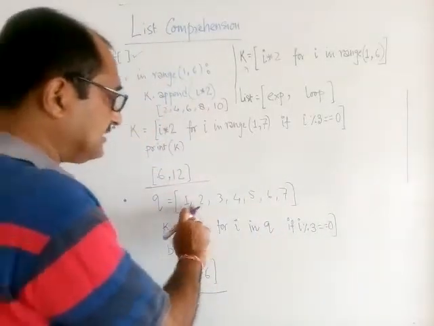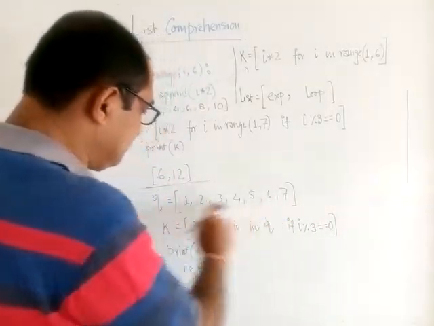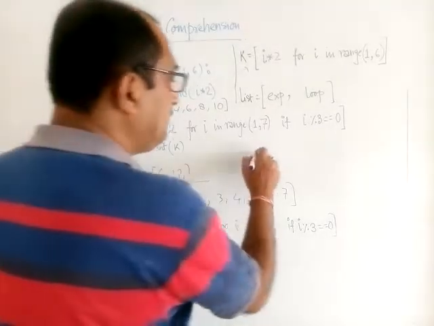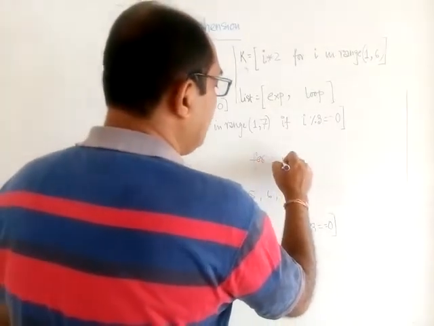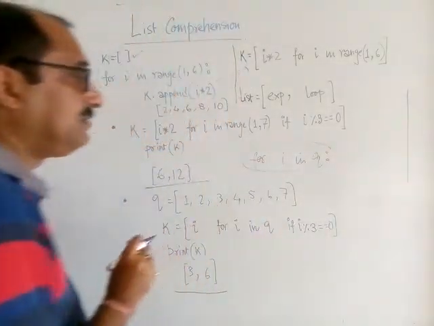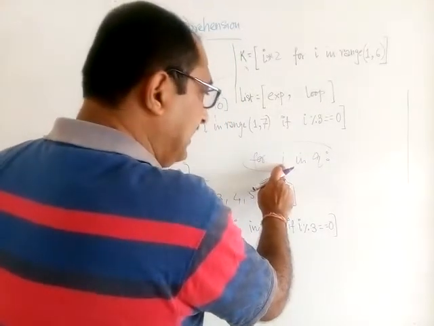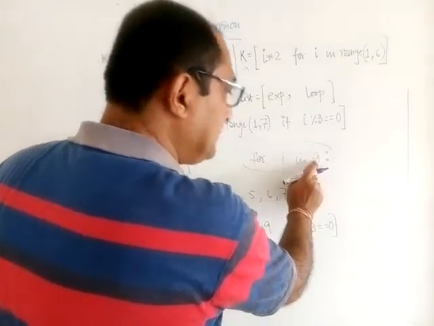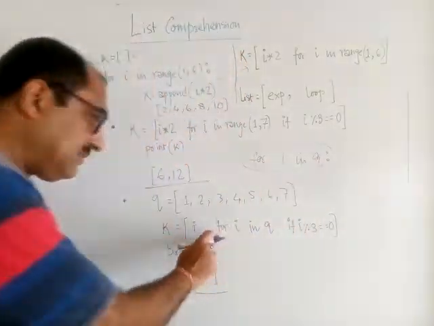First of all, to access these elements in Q, it's very easy to say for i in Q. So when we write for i in Q, we get all the elements one by one present in the list Q. So I use the same thing here.